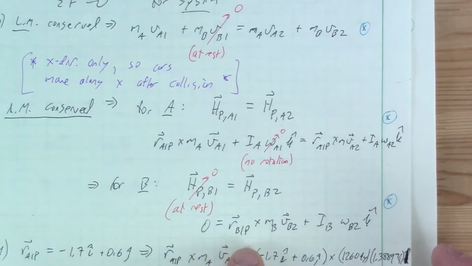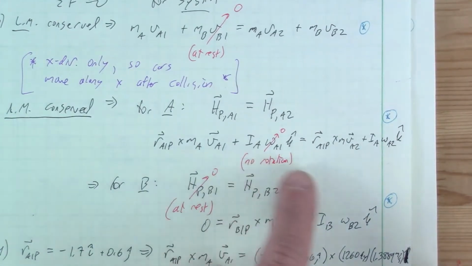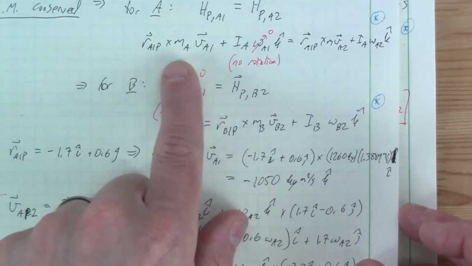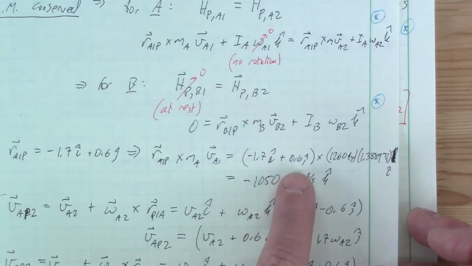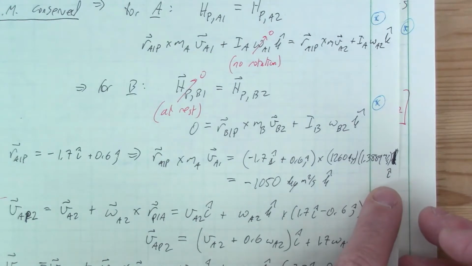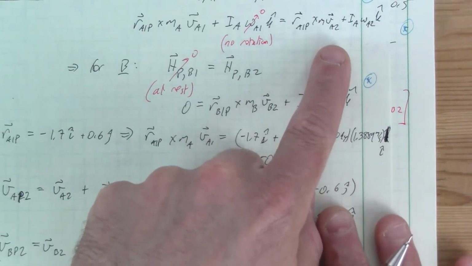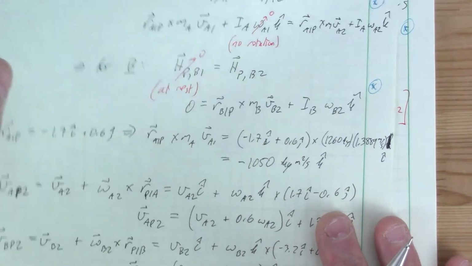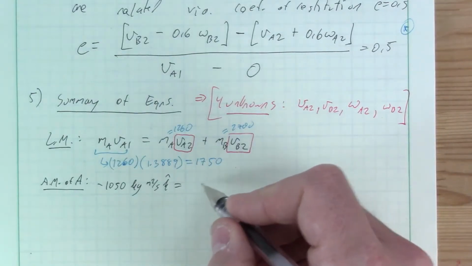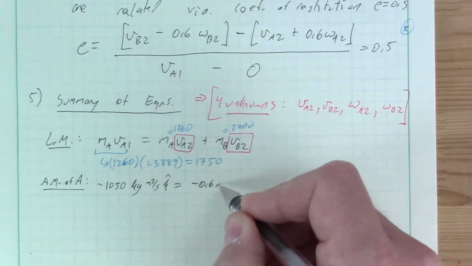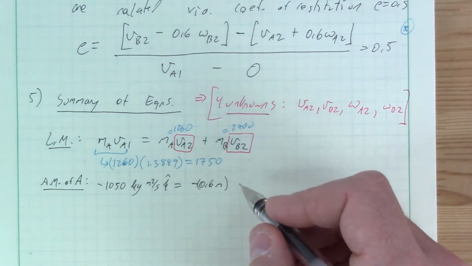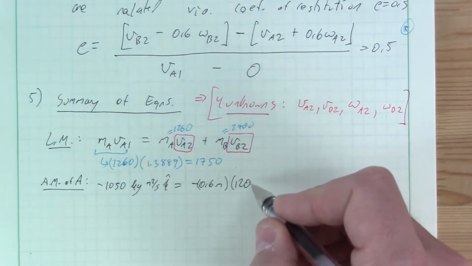This cross product turned out to be the j-hat component of that relative position vector, because all the motion is in i-hat. So velocity of A2 is also in the i-hat direction, and that's just going to be the 0.6, following the same procedure. This term is 0.6 meters, only that vertical change in the relative position vector.